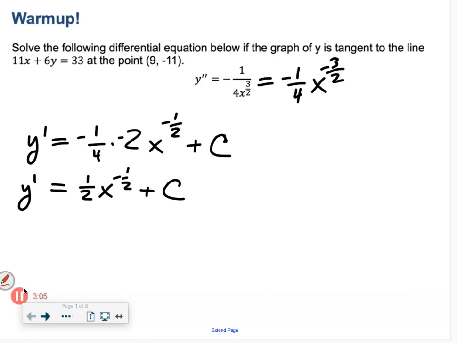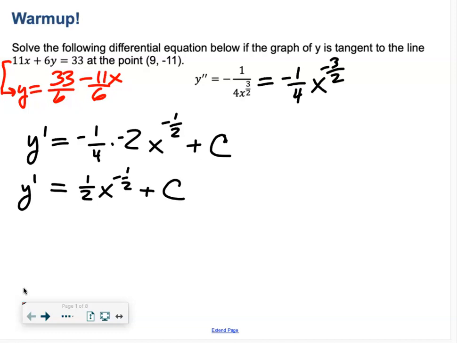And if I rewrite this tangent line, I wish I wouldn't have called this y double prime and this y because they're two different y's. I wish we had two different letters to represent them, but that's all right. So we have this y equals 33 minus 11x, and then over 6. This line is tangent to our solution function at this point.